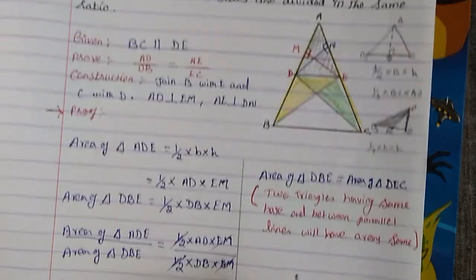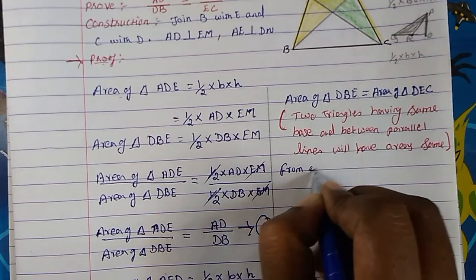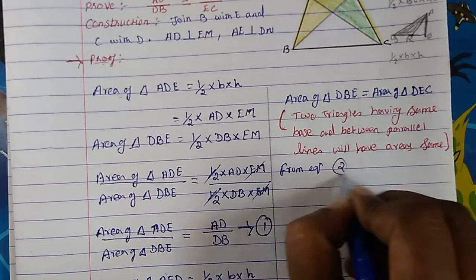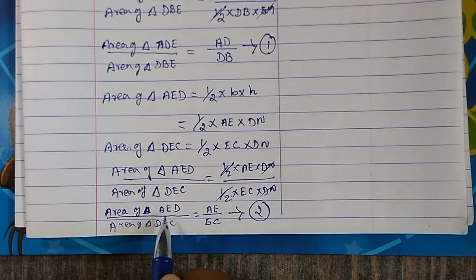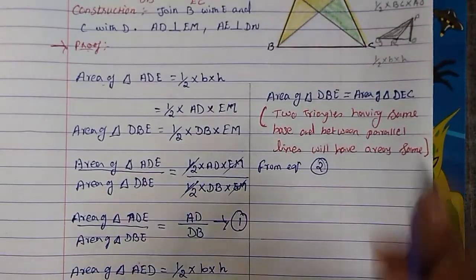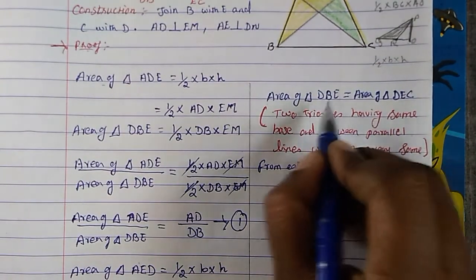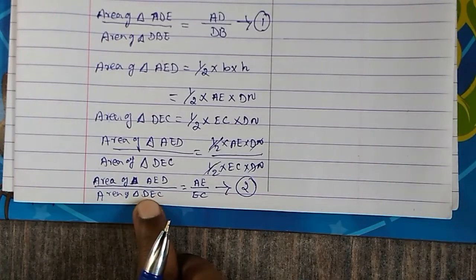So now from equation 2, our equation 2 is area of triangle AED upon area of triangle DEC, right? Now here you see, DEC is equal to DBE. So instead of DEC, can we write DBE?